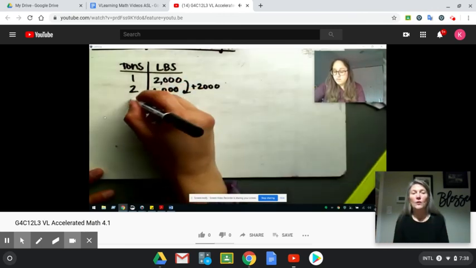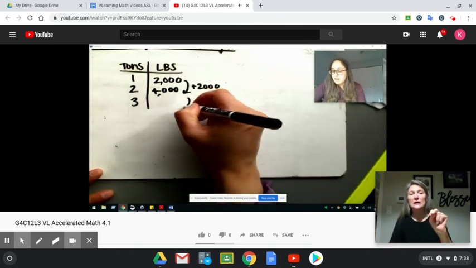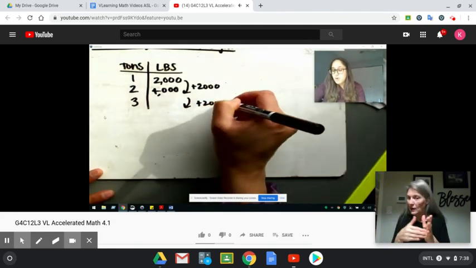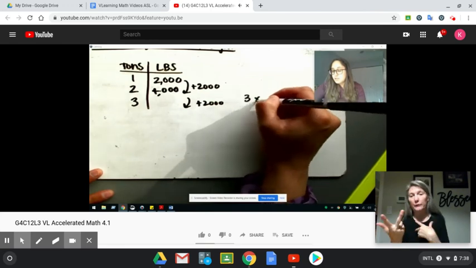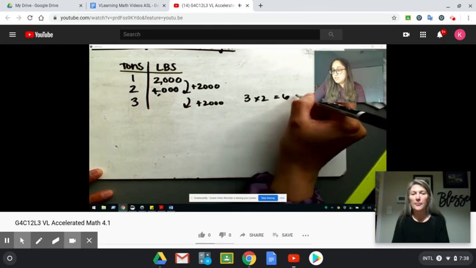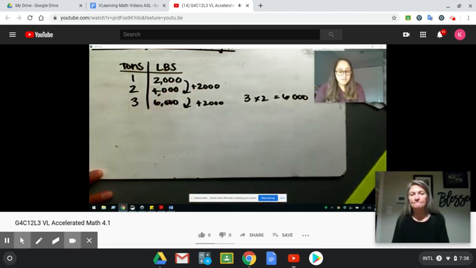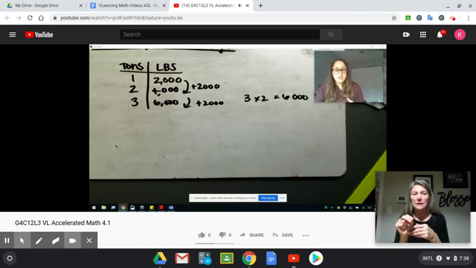Now, if I want to take that a step further and get to 3 tons, again, you could add another 2,000, or you could say 3 times 2,000, using that place value that you have. 3 times 2 is 6, add in your additional place values, and you'd find 6,000 pounds. So 1 ton is as heavy as 2,000 pounds.